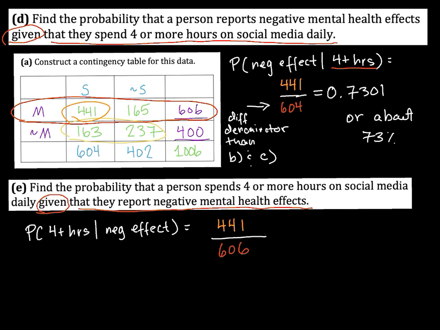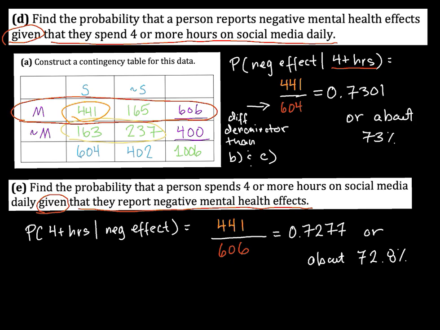All right, so it's going to be a pretty similar number to above because the numerator is the same and the denominators are pretty close together. So we're going to do 441 divided by 606, and we get 0.7277, or about 72.8%.